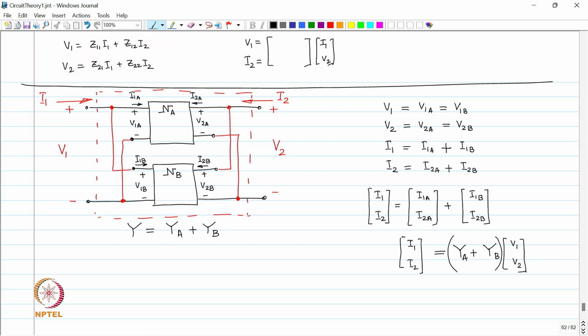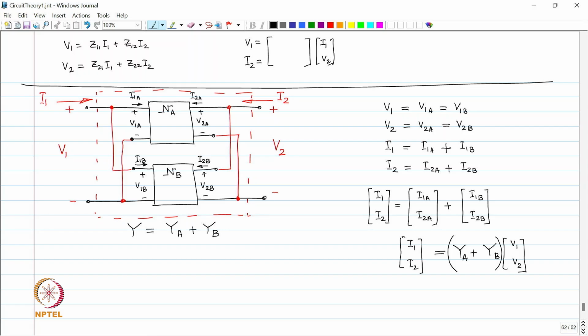Is this okay? So, if you hook up your circuit like this, right, the y parameters of the sub circuits are going to add up to give you y parameters of the overall circuit. What kind of hooking up is this? Parallel shunt.